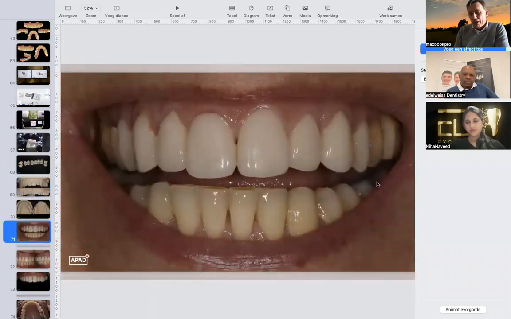If you look very well, you will see still a little bit of irritation of the gingiva margin, because this is immediately placed after 2 hours. The reason is that I did a small crown lengthening with the laser, a biolaser in this case, which I could use for reducing the bone level.